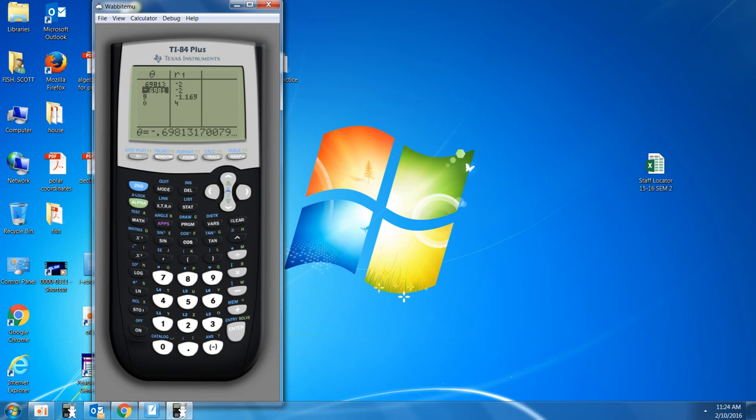Also, notice if I did a negative 2 pi divided by 9, that was the opposite of the first one. Notice I get the same answer. That's that even function that I was talking about. The cosine of a positive angle is the same thing as the cosine of the negative angle.